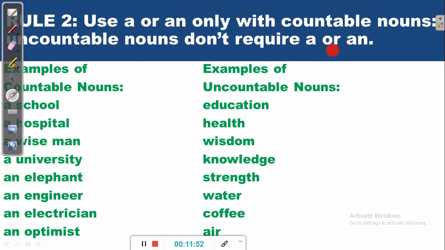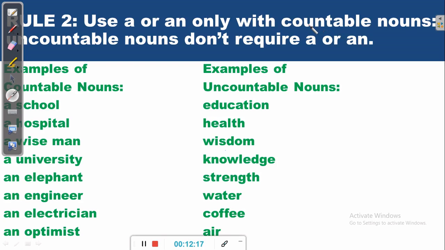Uncountable nouns don't require a or an. All right? I mean with countable nouns rather. You know, uncountable nouns don't require a or an.